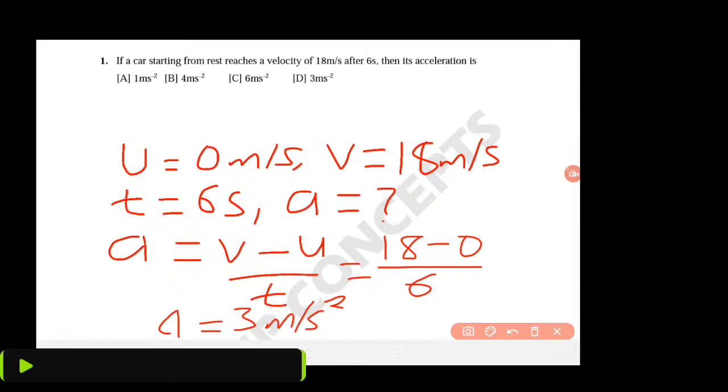Looking at our options, that is option D. So that's the solution to question number 1.